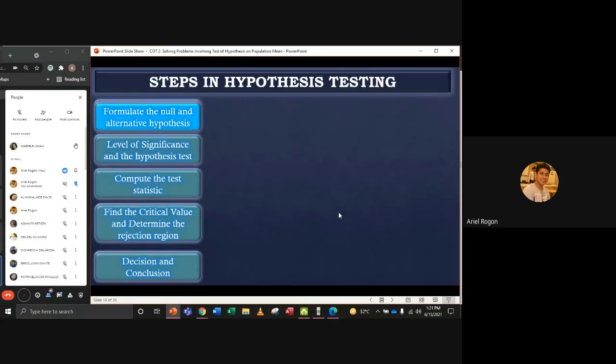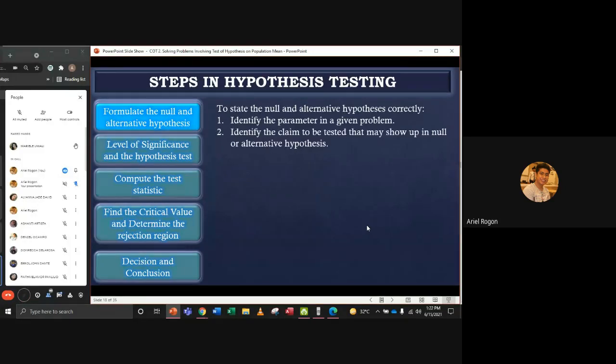So, we have steps. First, identify the parameter in a given problem. When you say parameter, that is dealing with the measure of central tendency, like, for example, the average or mean, and of course, we also consider the standard deviation and variance. That is what we call the parameter. After identifying the parameter, we also identify the claim to be tested.